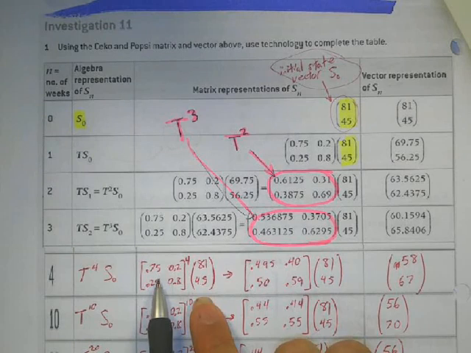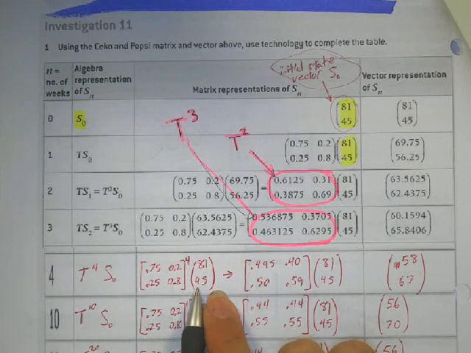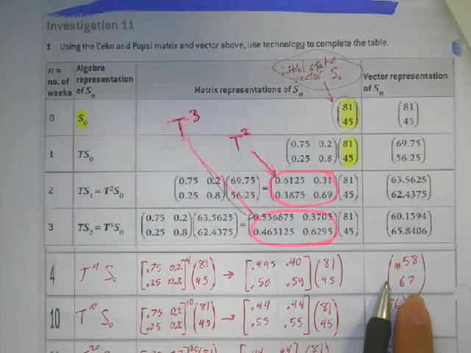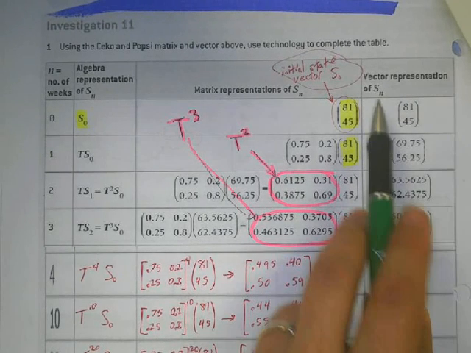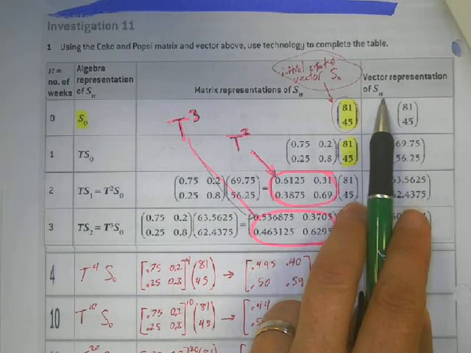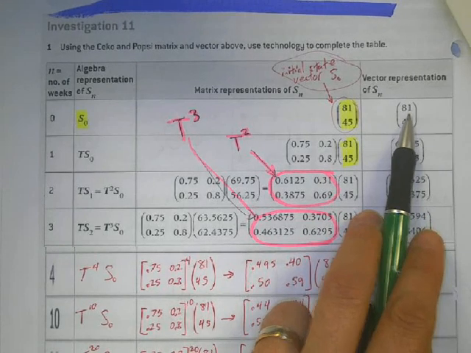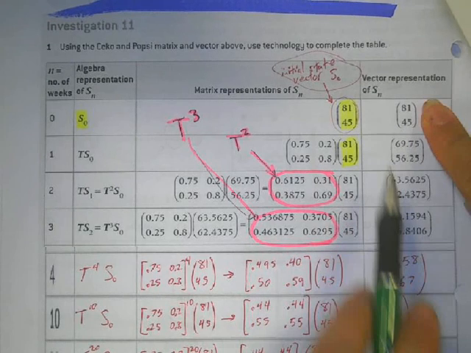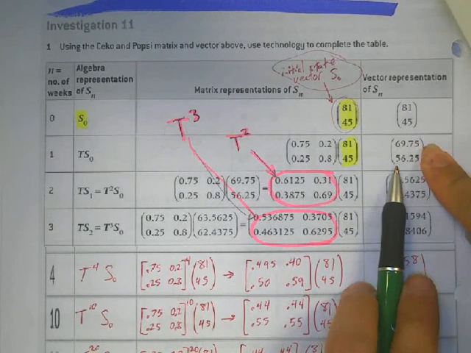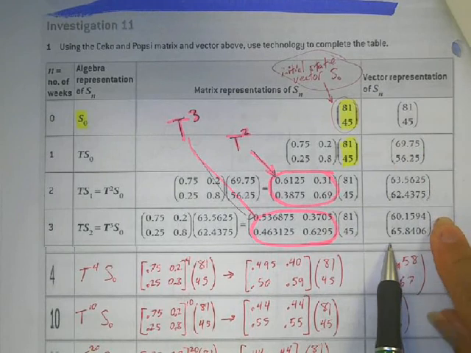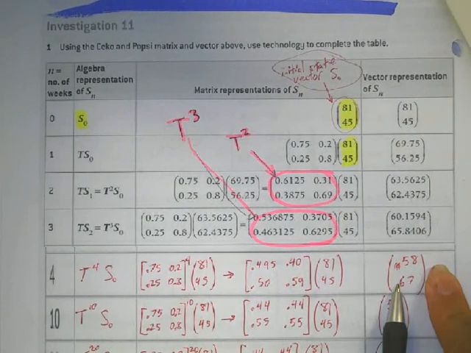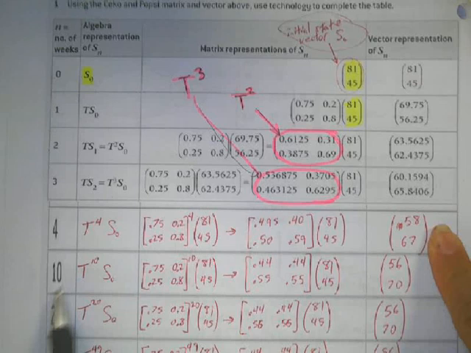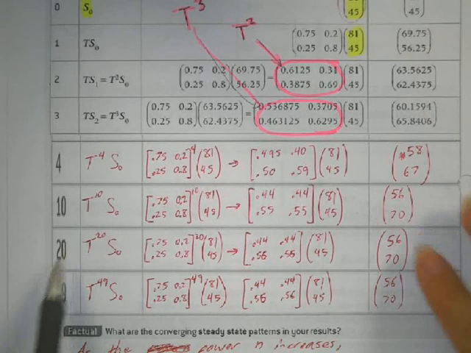If I do my transition matrix to the fourth power times our initial state, these values represent the number of people liking Coke and the number liking Pepsi. This is after 1 year, after 2 years, after 3 years, after 4 years, and then we start seeing what happens after 10 years, 20 years, 49 years.